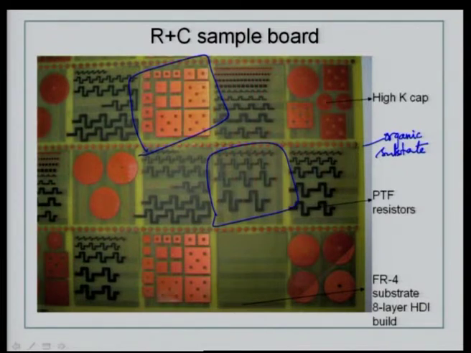Now, what strikingly you will see here first upfront is that the geometries of resistors and capacitors are varying.